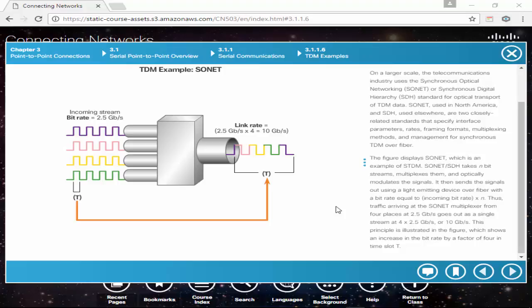It then sends the signals out using a light emitting device over fiber with a bit rate equal to the incoming bit rate times N. Thus traffic arriving at a SONET multiplexer from 4 places at 2.5 gigabits goes out as a single stream at 4 times 2.5 gigabits, or 10 gig. This principle is illustrated in the figure, which shows an increase in the bit rate by a factor of 4 in the time slot T.